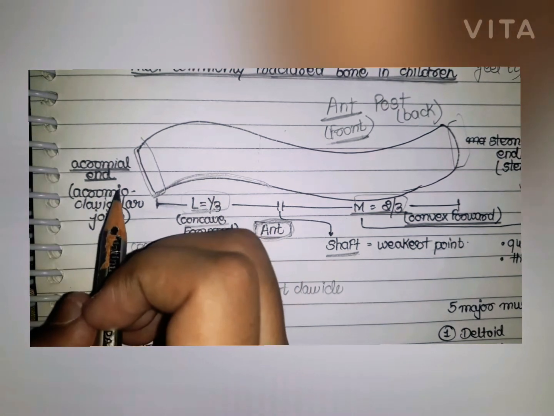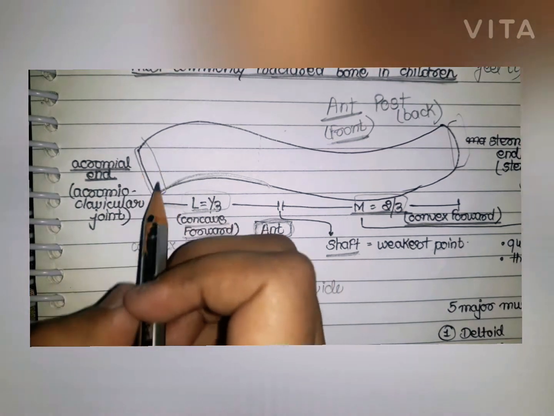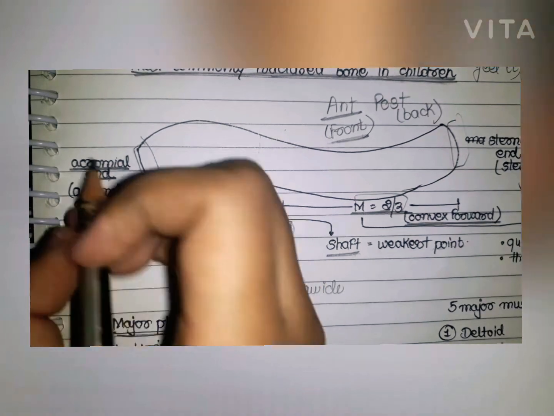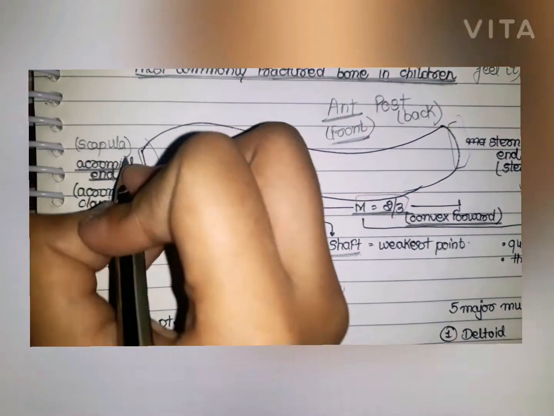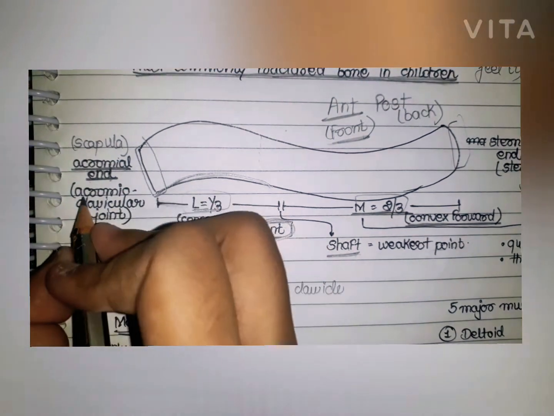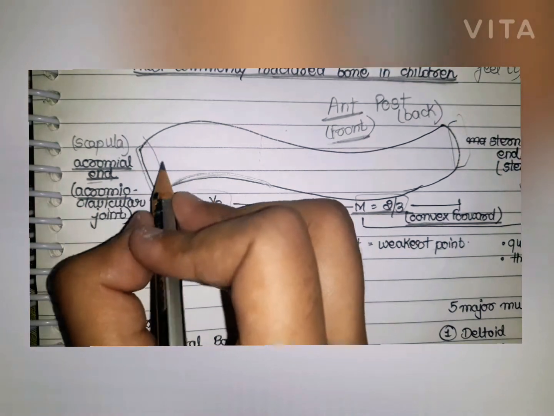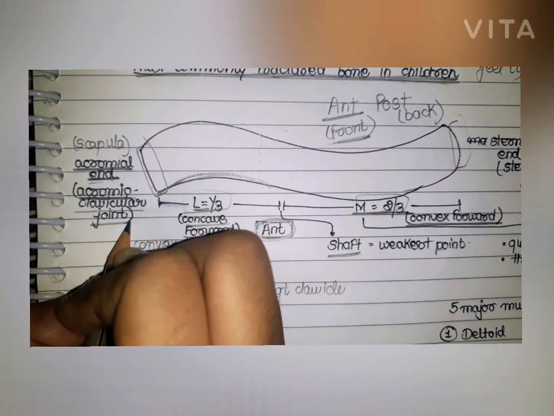In our scapula bone, we have one part which is called the acromion. This part of the clavicle joins with the acromial end of the scapula through a joint which is known as the acromioclavicular joint. Acromial part plus clavicle. Got it, guys?